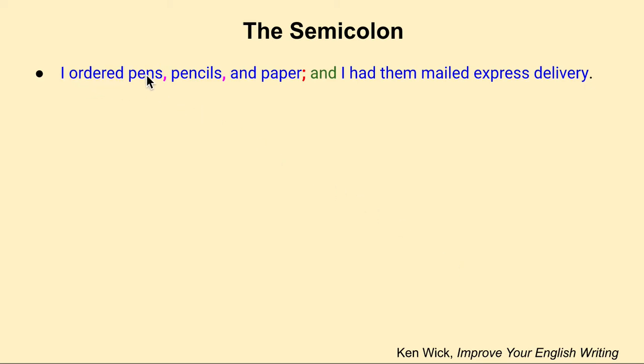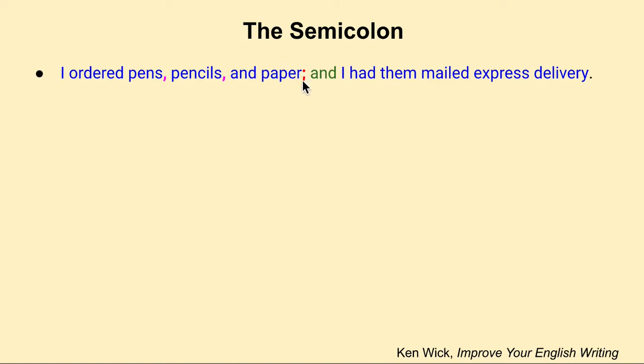I ordered pens, pencils, and paper; and I had them mailed express delivery. So here you have 2 independent clauses, both in blue. You have the coordinating conjunction, and this first clause has multiple internal commas.